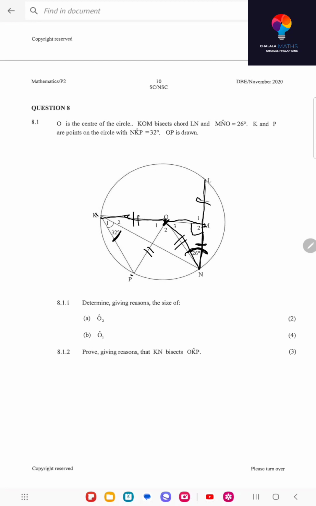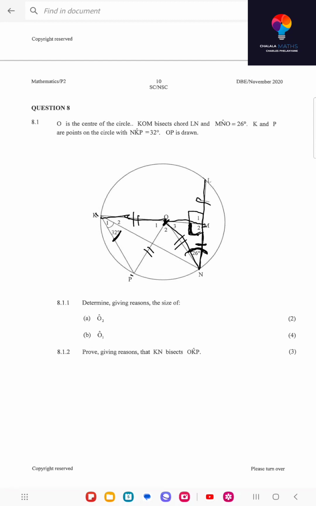Because the line is from the center, where it bisects the chord, it will then be perpendicular and form an angle of 90 degrees. So even M1 will also be 90 degrees. Those are the sum of the angles in a straight line.